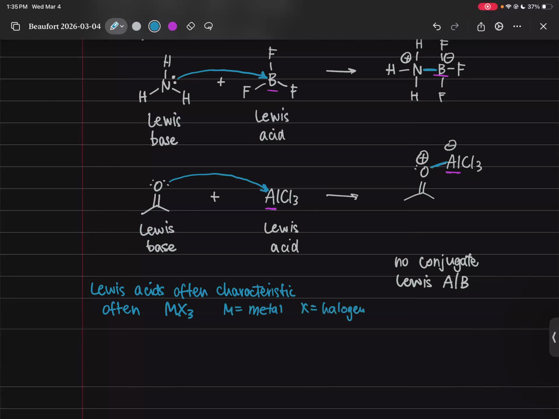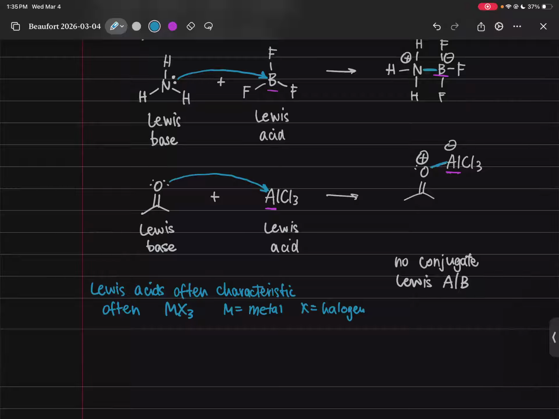Probably the most common Lewis acid is MX3, where M is a metal like aluminum, and X is a halogen, right? So BF3 and AlCl3 both fit that scheme. I know boron isn't technically a metal, but organic chemists are weird and we consider boron a metal. So that's just something that you might see fairly often.